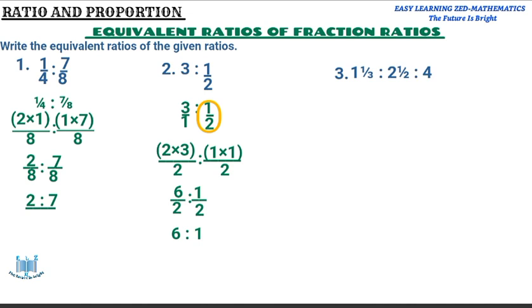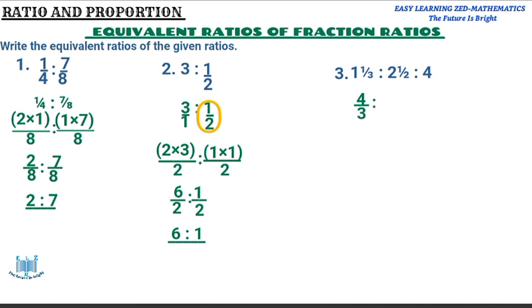To change these mixed fractions into improper fractions, we multiply 3 by 1, which gives us 3, then plus 1 gives us 4. So we write 4 over the denominator in that fraction, which is 3, so it's 4 over 3.